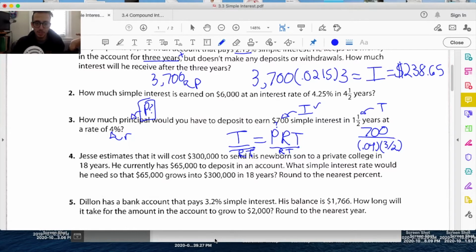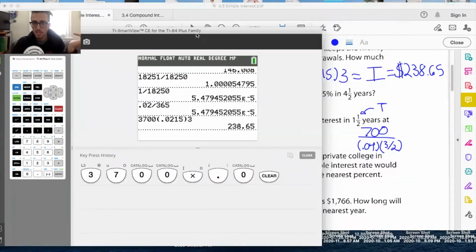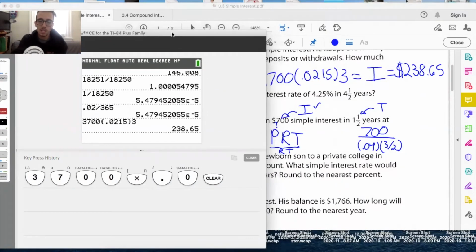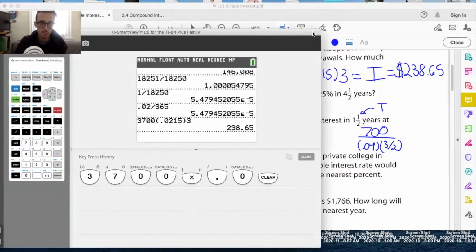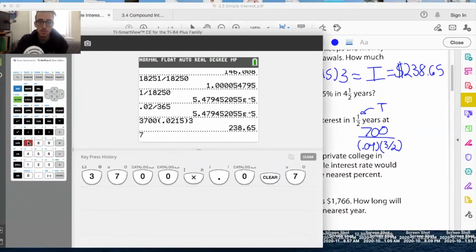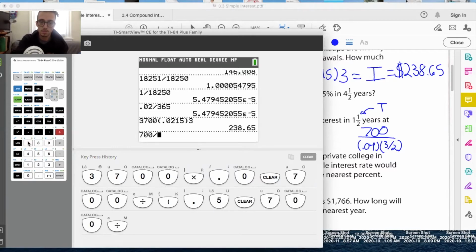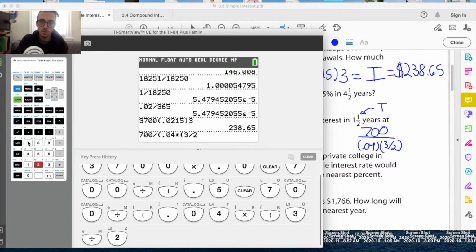Okay, and then let your calculator take care of the rest. So I'll take a look at this one on my calculator. I'm taking a fraction of 700, as long as it lets me. Doing 700, I'm dividing it with 0.04, multiplying that with 3/2.